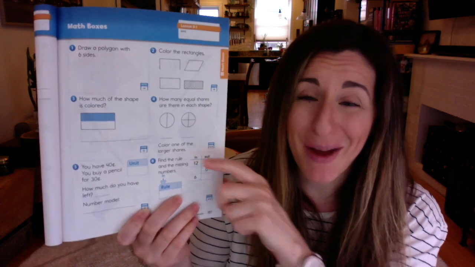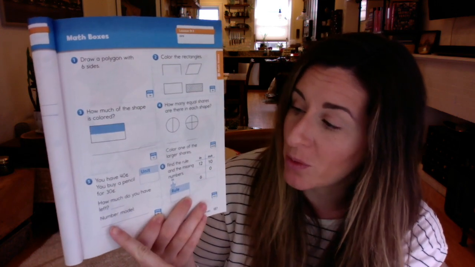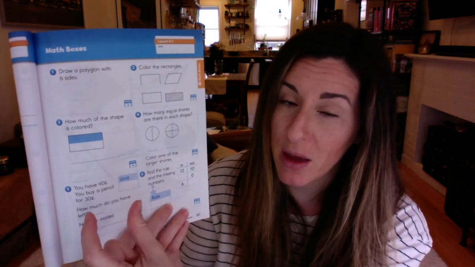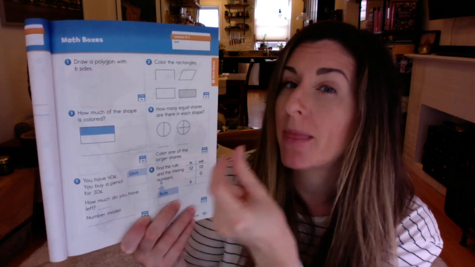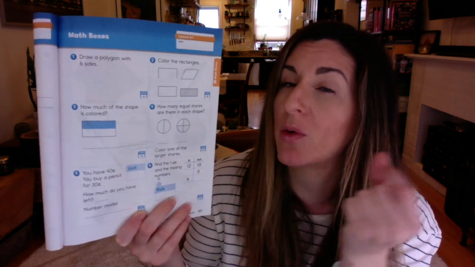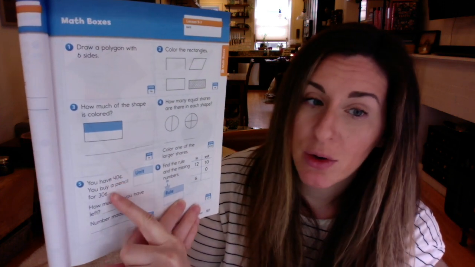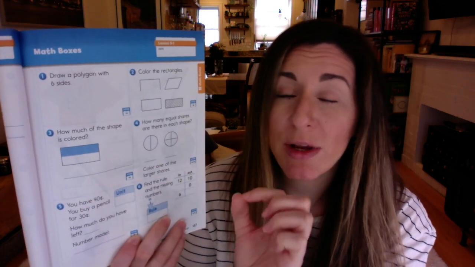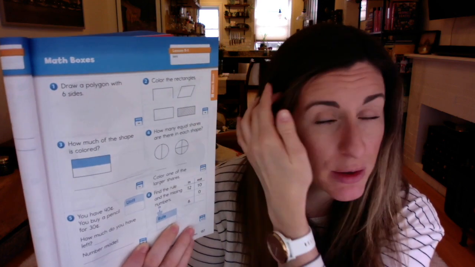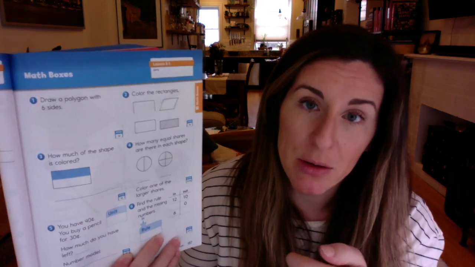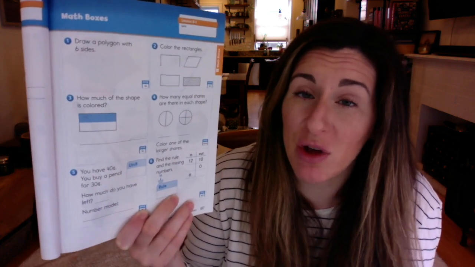So if I were doing this problem, my number model would be something minus something equals something. With these two numbers, what would we use to subtract? What order would we put them in to subtract? Because that's what you have to do to solve this answer.